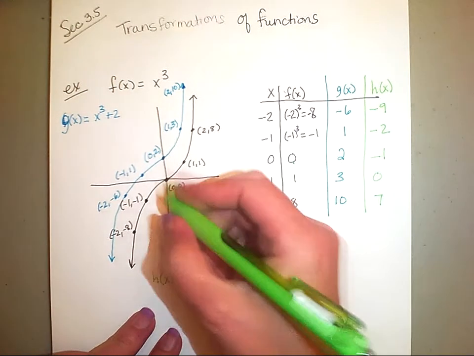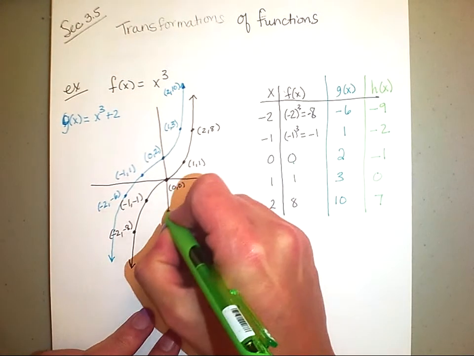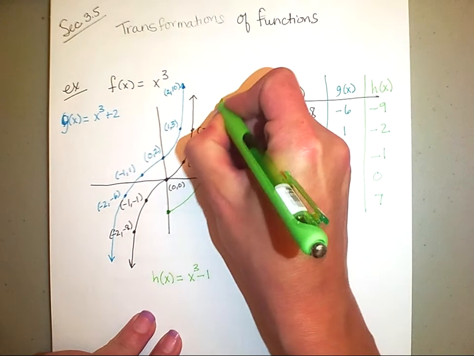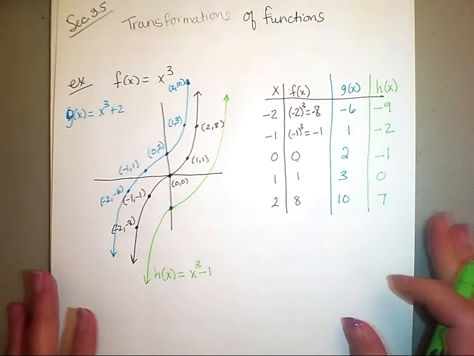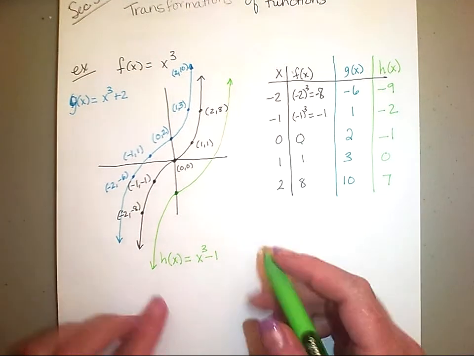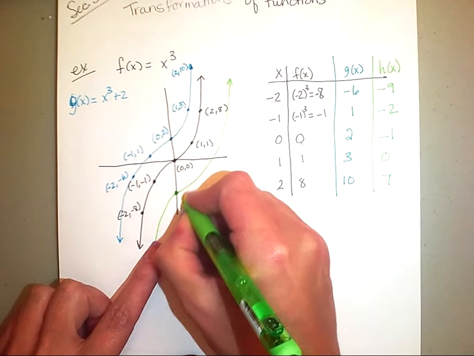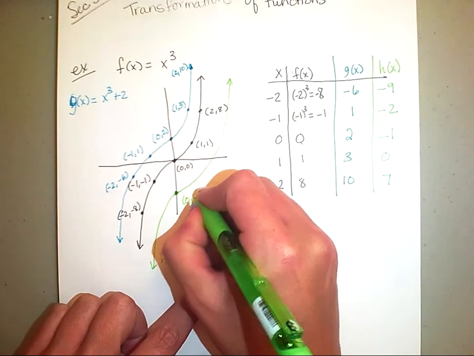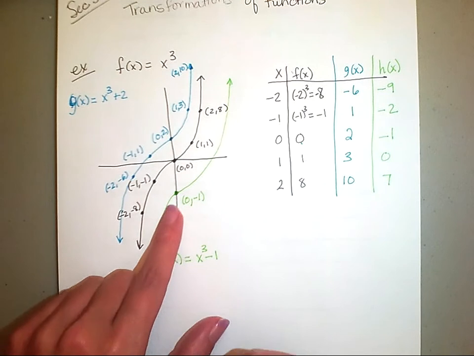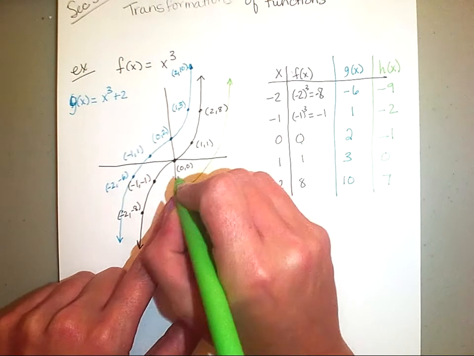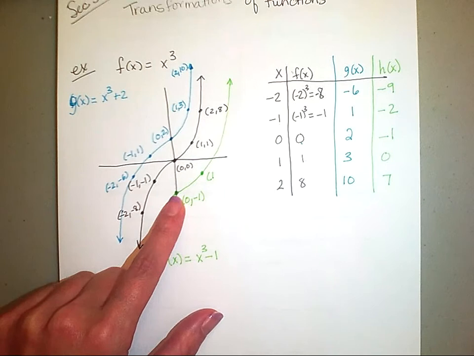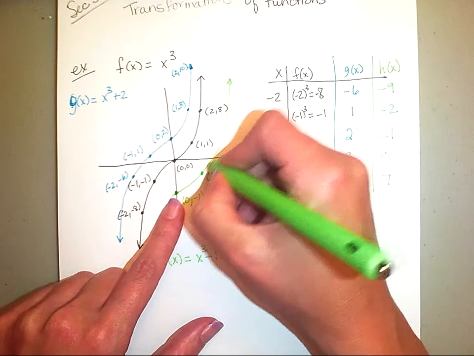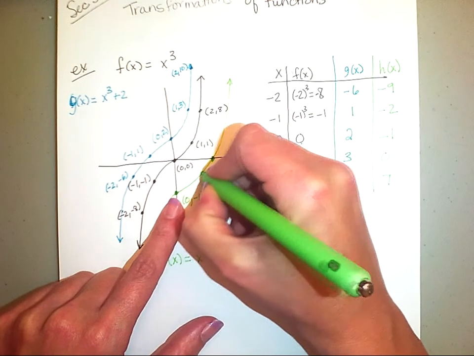So now our y-intercept is at 0, negative 1, and the graph will look like so. It should have the same shape. Now I'm going to label this to make it true. So this is 0, negative 1, and at 1 we have 0. Okay, so that needs to be there.